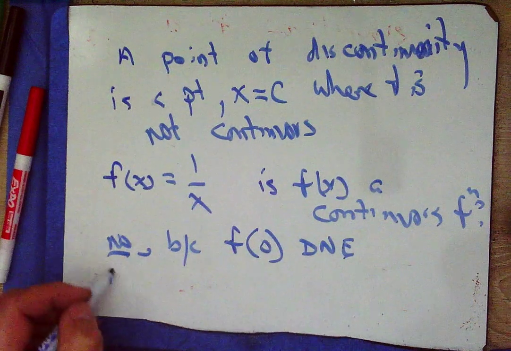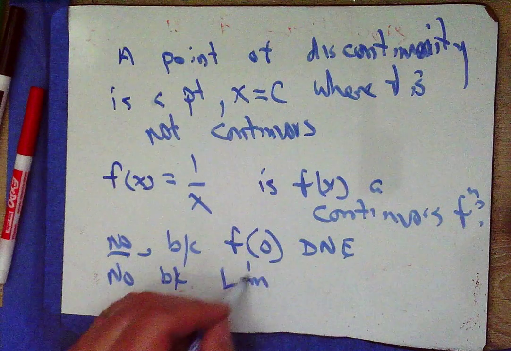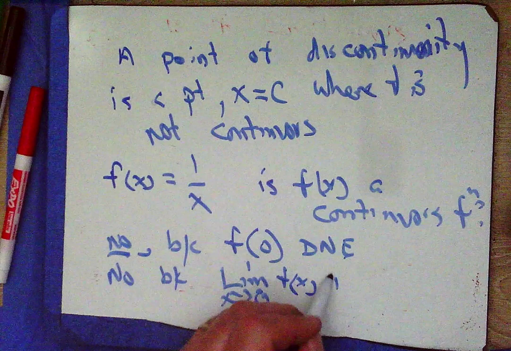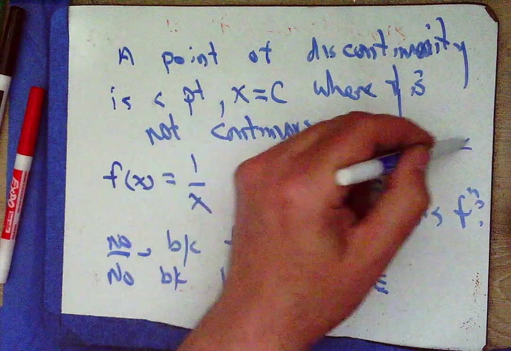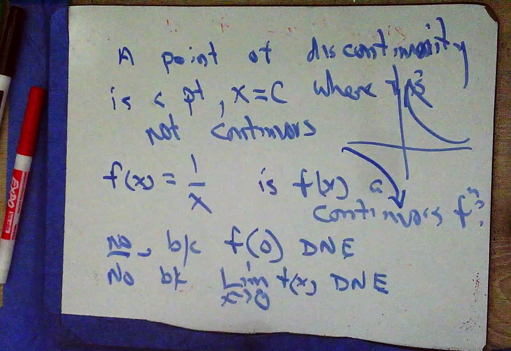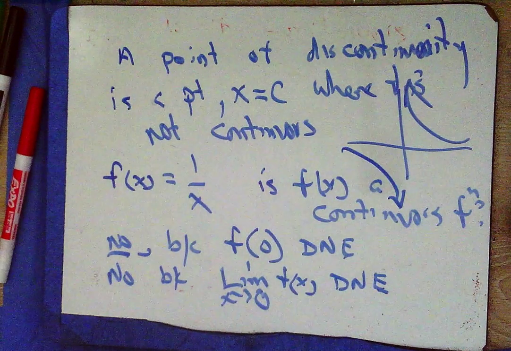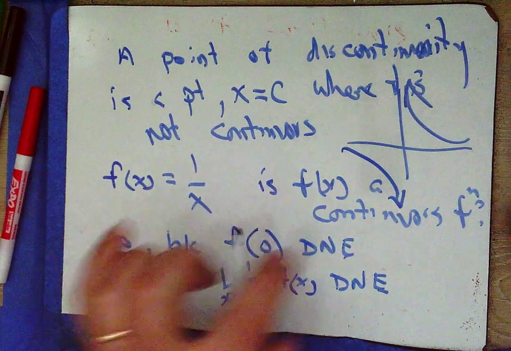We could also say no, because the limit as x approaches 0 for f of x does not exist. Remember, on this graph, one side heads to infinity, the other side heads to negative infinity. That limit doesn't exist. So I've got two reasons for saying that f is not continuous.